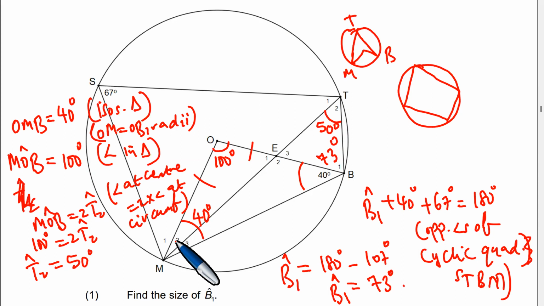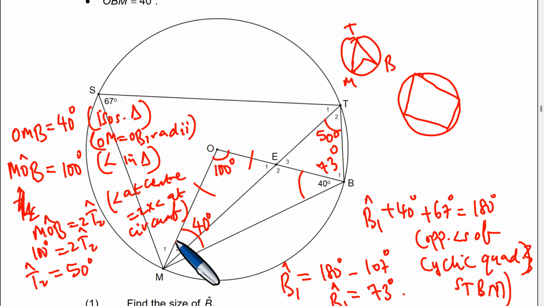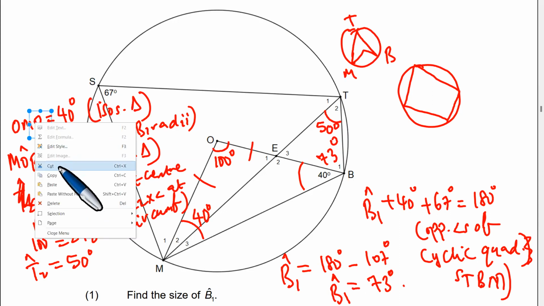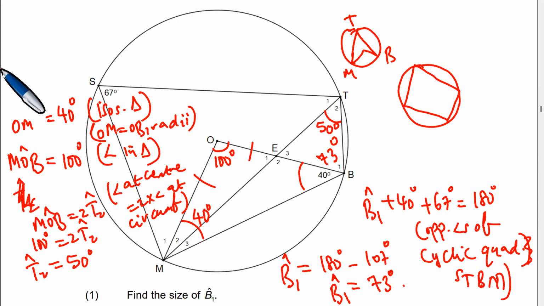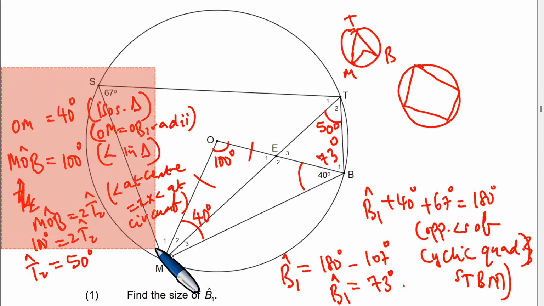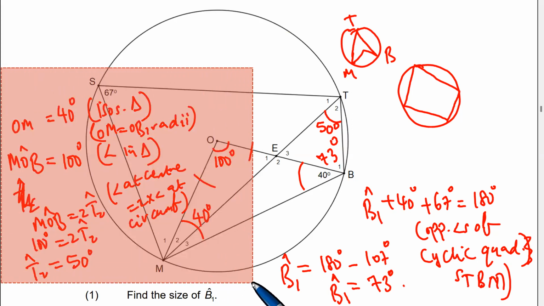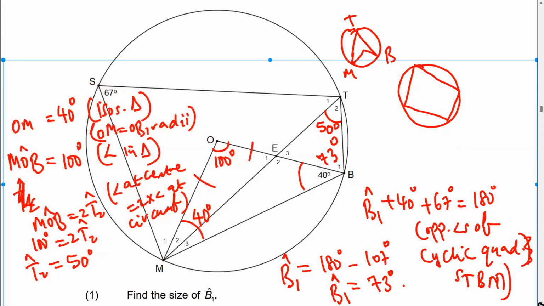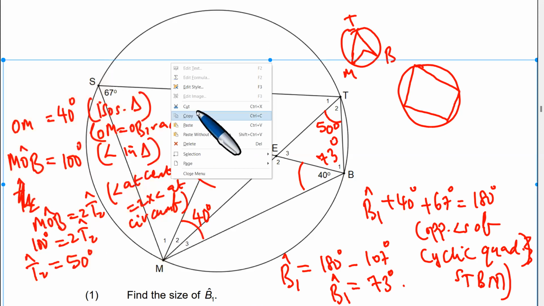But now to find angle M2, I can even give you a chance to try that one because it may be a little bit too easy. Let me just erase this because we've already seen angle T2 is 50. Let me just remove all this to clean up our board.